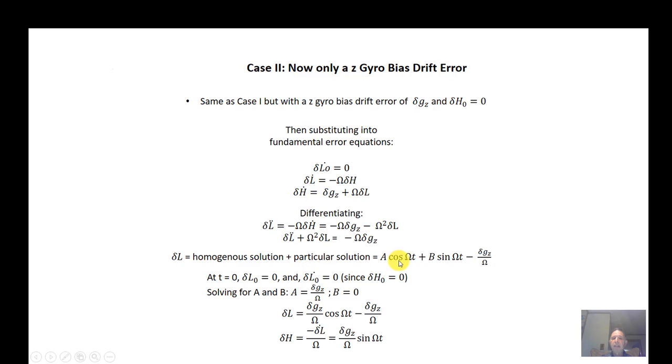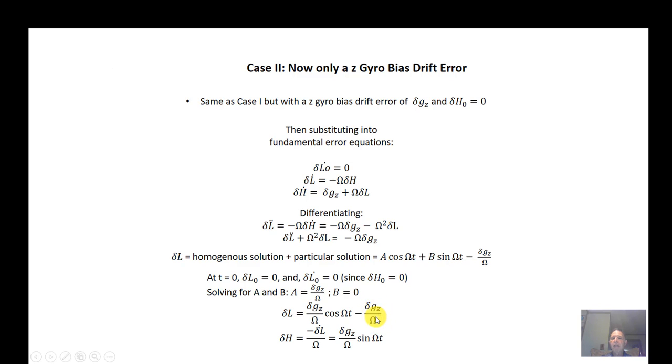So now solving this for the initial conditions, we can solve for A and B, and A equals delta GZ over omega, and B equals 0. So we get a solution of delta L equals delta GZ over omega times cosine omega t, plus in effect a bias term of minus delta GZ over omega.